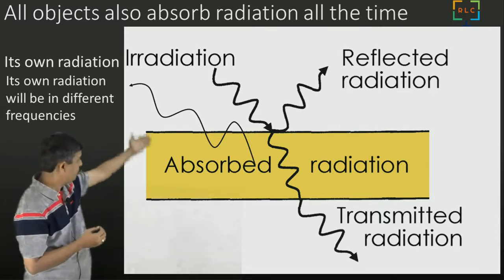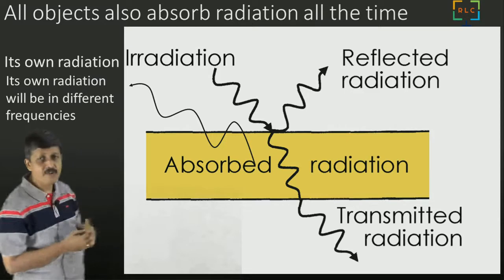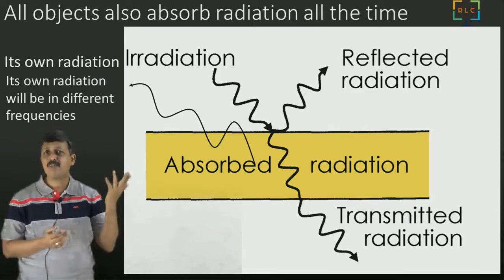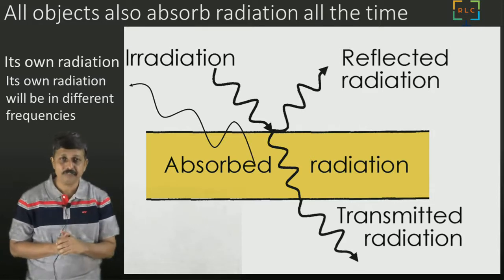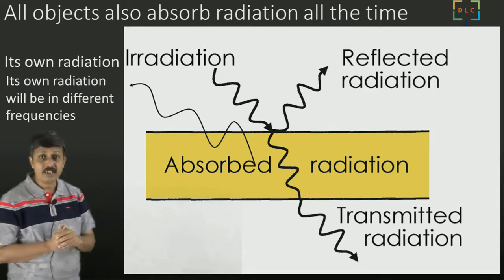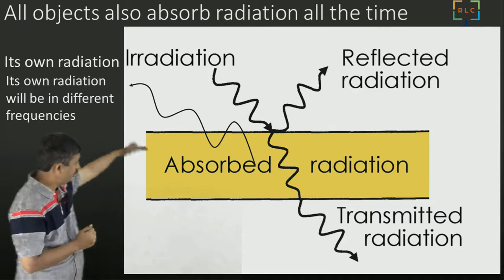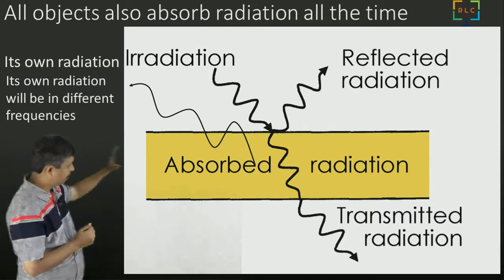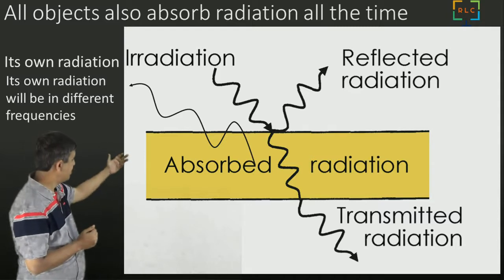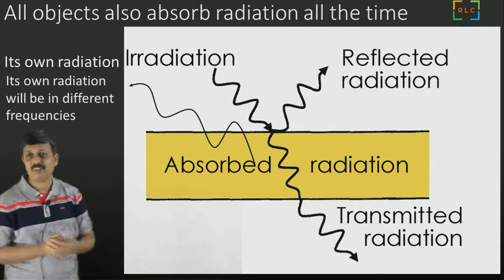That means even though you have given red here, what it gave out is not red; it is something else. It may be infrared. So please remember that whatever radiation you give to a material, some part gets reflected, some part gets transmitted, some part gets absorbed, and the absorbed radiation is given out after some time as its own radiation, at a different frequency.